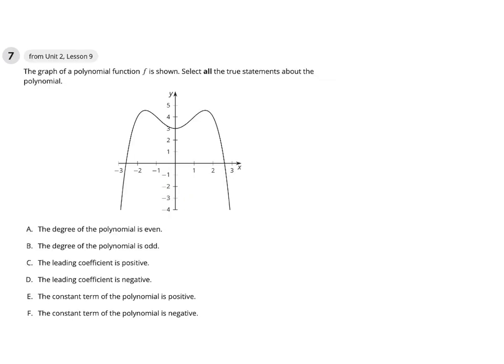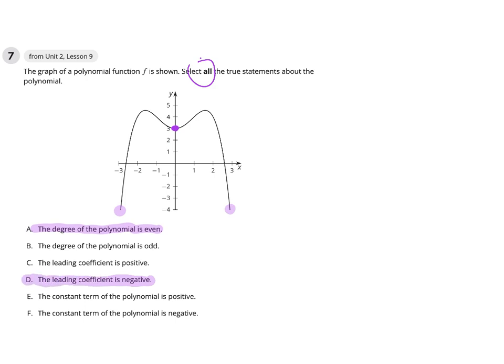And now one of these questions, we have more than one possibility. So the constant term is odd and is positive. The degree of the polynomial is even. That is true. Both ends end in the same spot. That tells us it's even. The leading coefficient is negative.